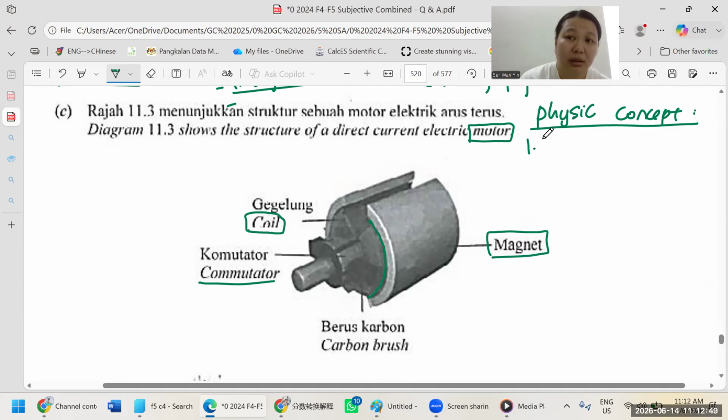Catapult field. Good. Catapult field. Fleming's left-hand rule.